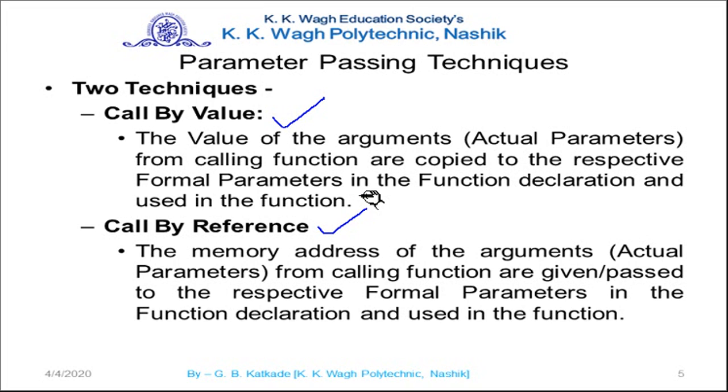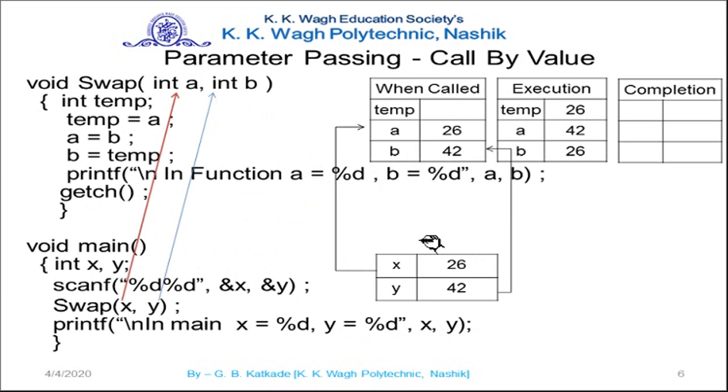The order of the parameters is important; they are matched according to the order given. The number of parameters in the calling function and the called function should be the same, which is already the basics of function declarations. This is the meaning of call by value and call by reference. Let us see the effect of each.